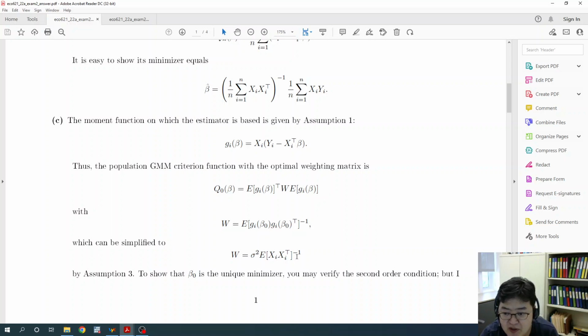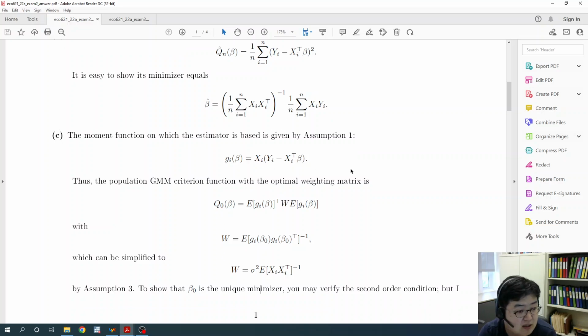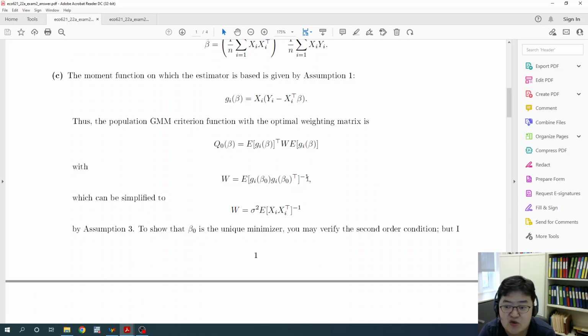So the inverse should be applied to everything. Anyhow, you are good at algebra, so I don't worry about the detailed algebra. But here, this is simply what we did. Just follow the basic structure. And the problem is to show its unique minimum.